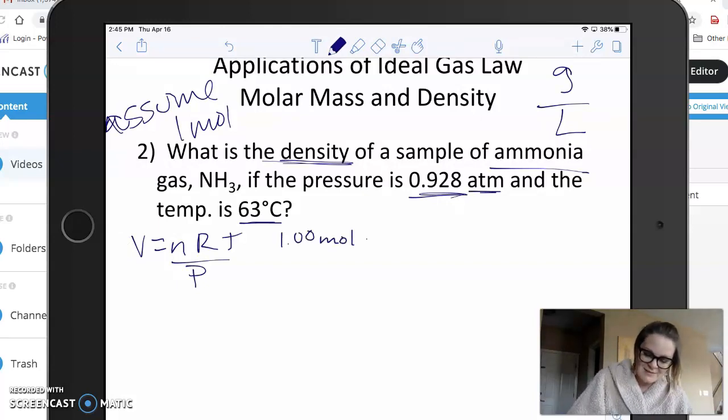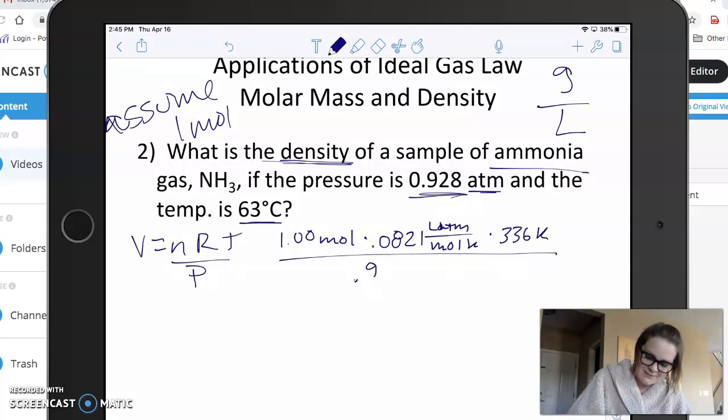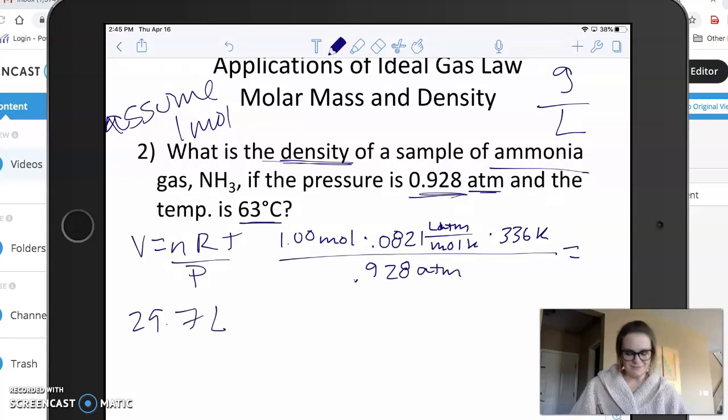It's at atm, so I'm going to use the atm constant, 0.0821, and our temperature, which is 63 degrees Celsius plus 273 to get it into Kelvin. I got 336 Kelvin, all divided by our pressure, 0.928 atm. So I got that this gas takes up 29.7 liters.